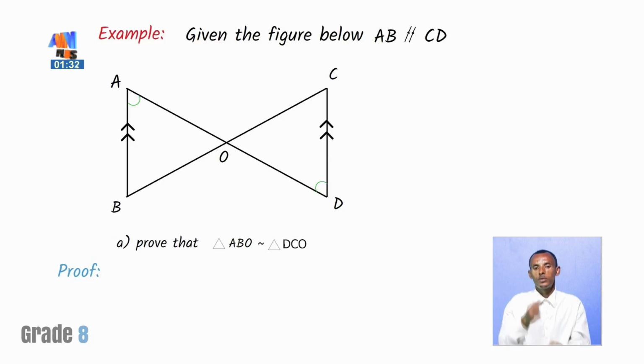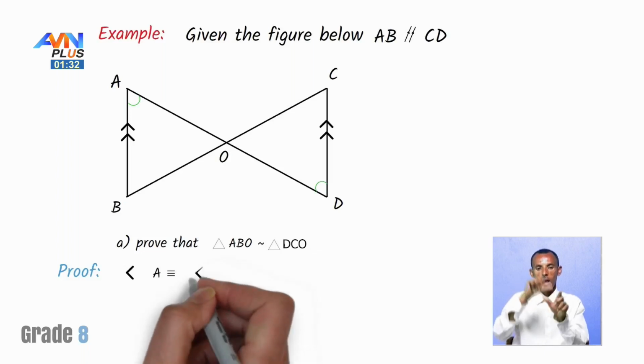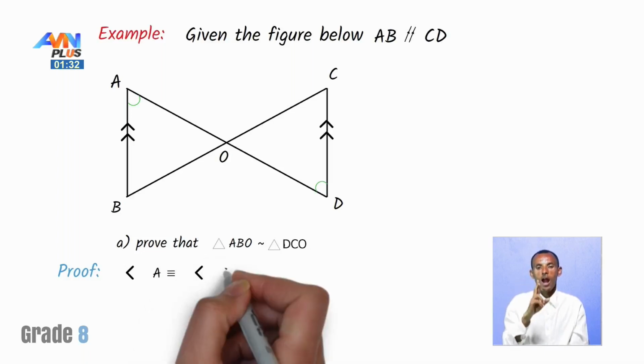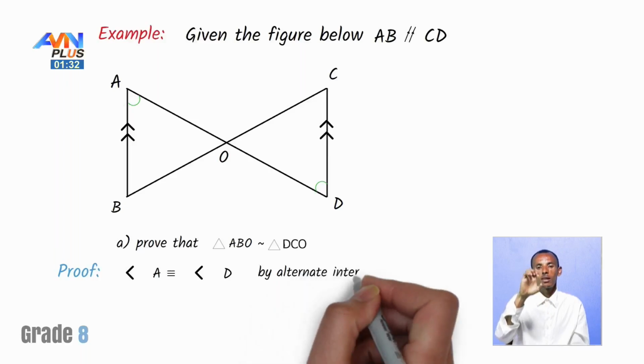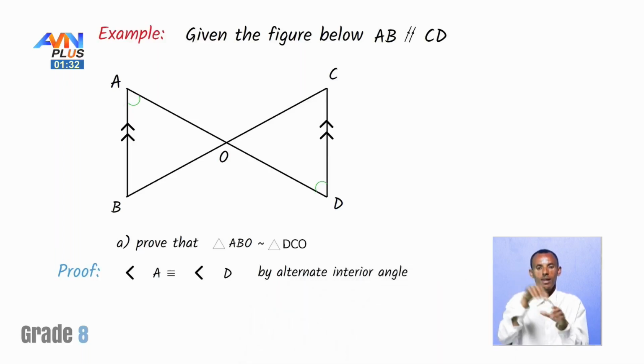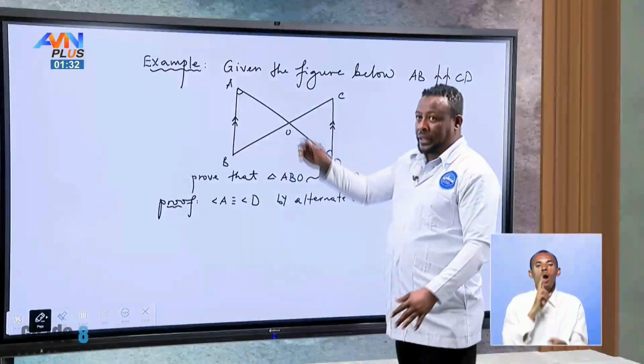So angle A and angle D are congruent by alternate interior angles. Okay, so these two are congruent.